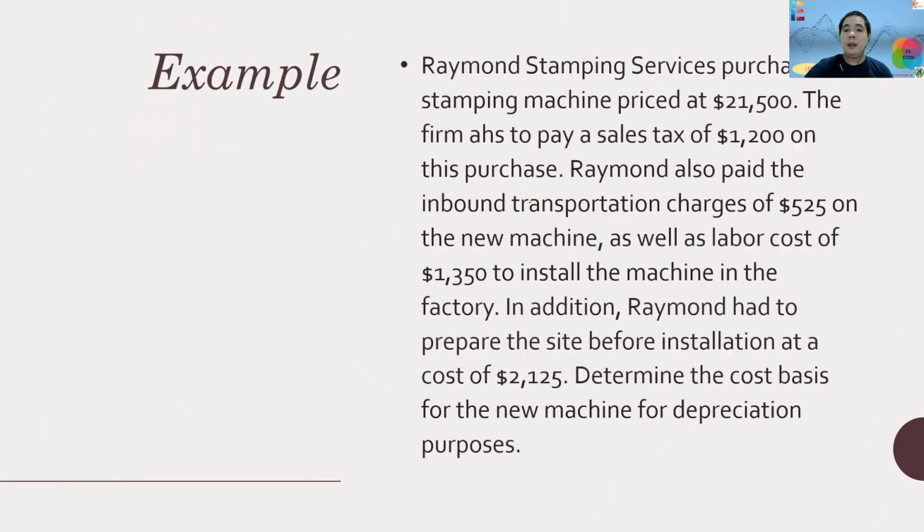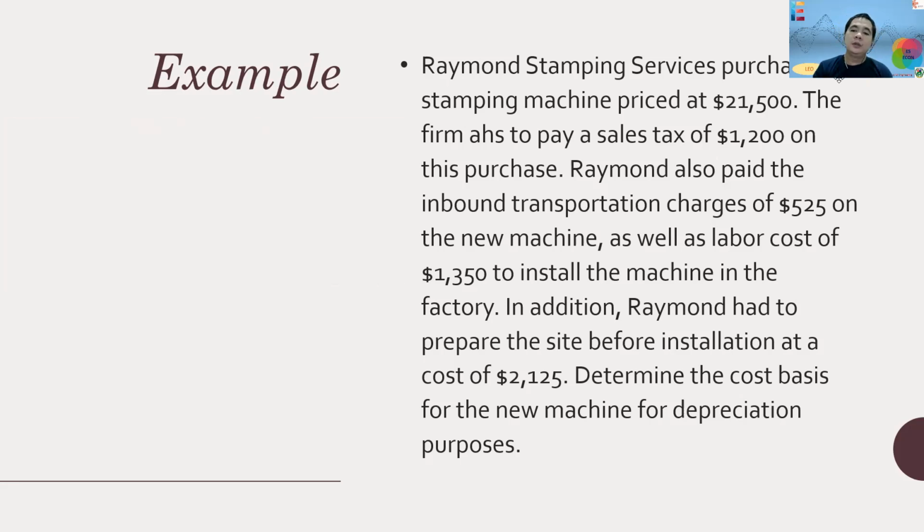So let's say, for example, we have a certain sample problem. Raymond Stamping Services purchased a stamping machine priced at $21,500. The firm has to pay a sales tax of 1,200 on this purchase. Raymond also paid the inbound transportation charges of 525 on the new machine, as well as labor cost of 1,350 to install the machine in the factory.